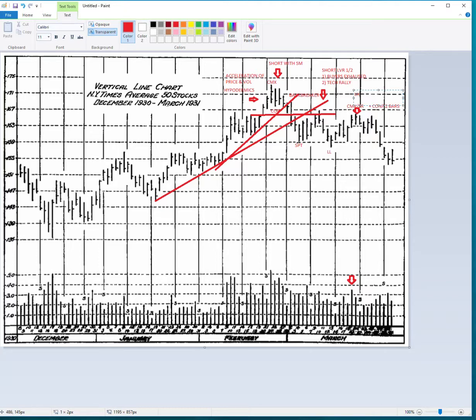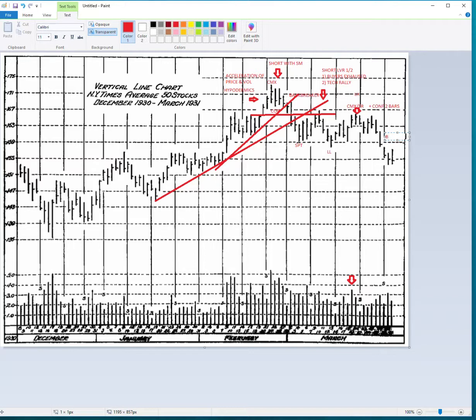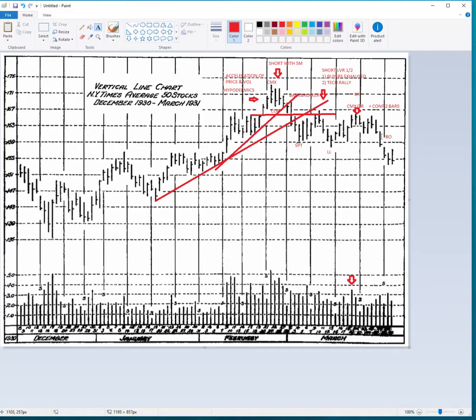And finally, he has a breakout here. Remember that breakout is on increasing volume. The breakout occurred on the biggest volume in five sessions.